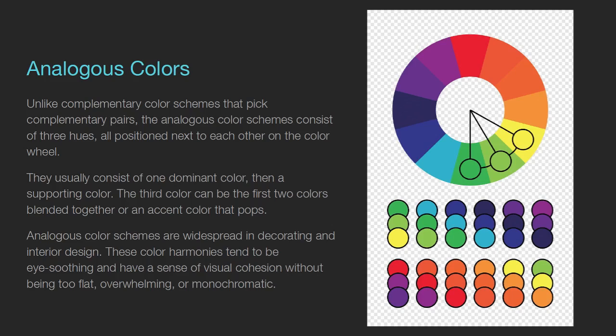Analogous colors. These are color schemes that are right next to each other on the color wheel. So it could be different tones of green and yellow, and then we have violet, indigo, purple, red, orange, yellow, etc. So you can see these color harmonies.